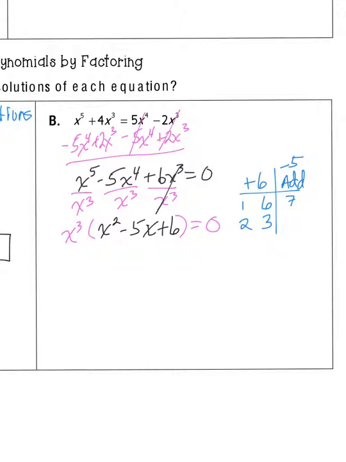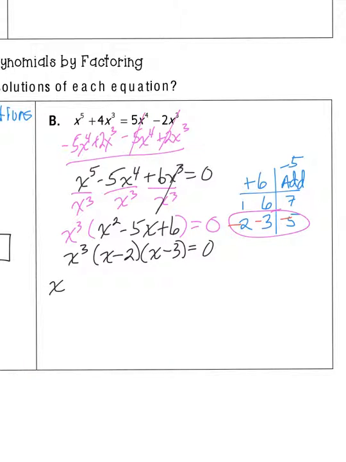But 2 and 3 do indeed add to give you 5. So this is the one we're choosing. And the 5 is negative, so the bigger of the two carries that sign. And the 2 will also have to be negative. So then the x cubed gets brought down, and then the trinomial gets split into x minus 2 and x minus 3 equals 0. So then set each of your factors equal to 0.